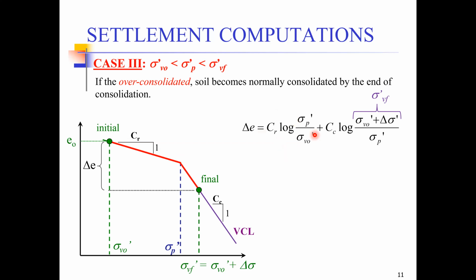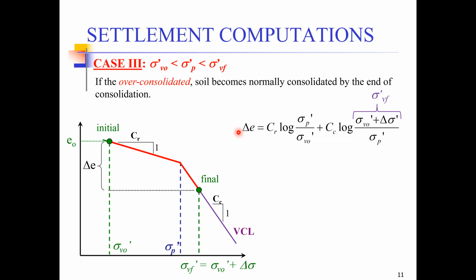So this first part represents the slope of this first zone. But when we talk about the second zone, the slope of this part would be the slope between sigma P and sigma VF. So for the second part, we have sigma VF and sigma P. This is how we can determine delta E for this case.